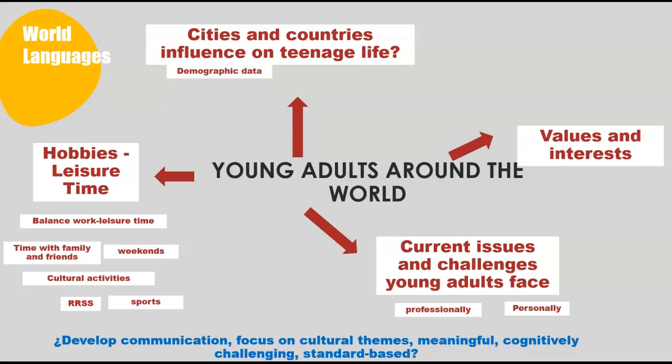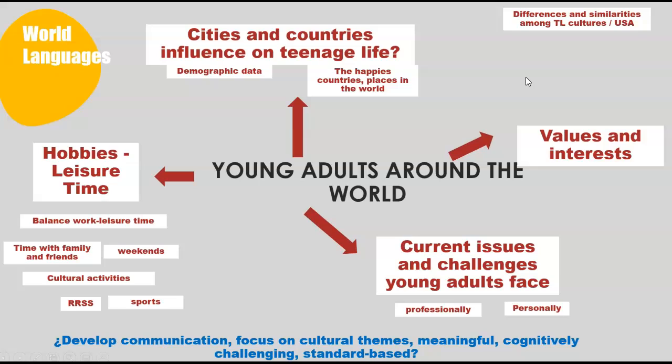What is the demographic data? What are the happiest countries and places in the world? And talking about values and interests, what are the differences and similarities among the target language cultures and young people in the United States? What are their likes and dislikes, their opinions, ideas, beliefs?